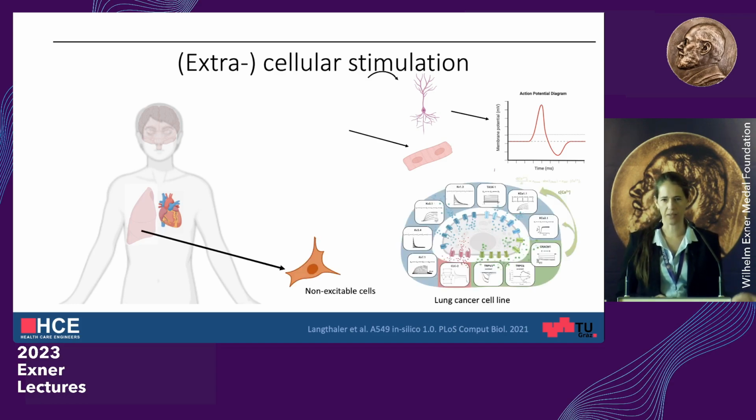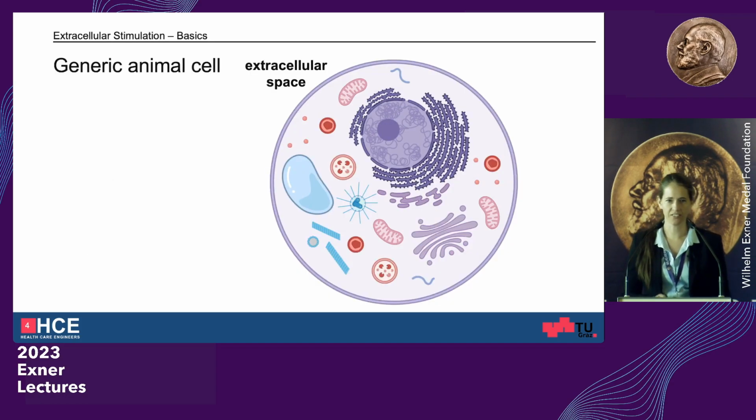So let us first recap some basics of cellular function for those of you that are not really familiar with this topic. If we look at this generic animal cell here, we can see that we have an extracellular space which is outside of the cell, and then we have all the things that the cell needs inside, but we are actually interested in the cell membrane.